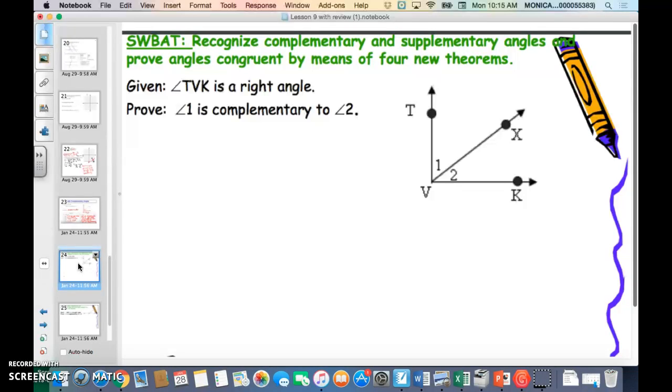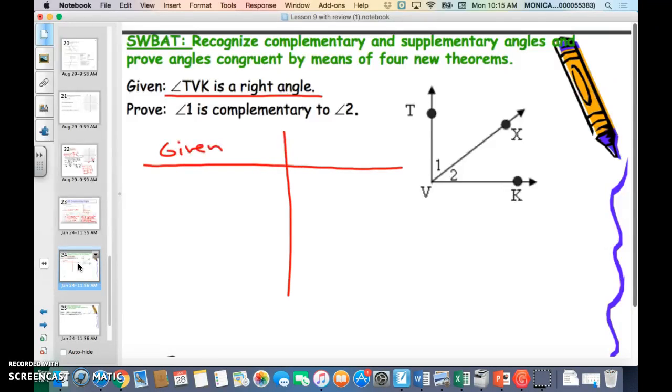Same situation, and you're going to have the same 6, except this time what's a little bit different is your given. So when you do a proof, you're going to start with your statements on one side and your reasons on the other. I'm sorry, this shouldn't be given. This should say statements.